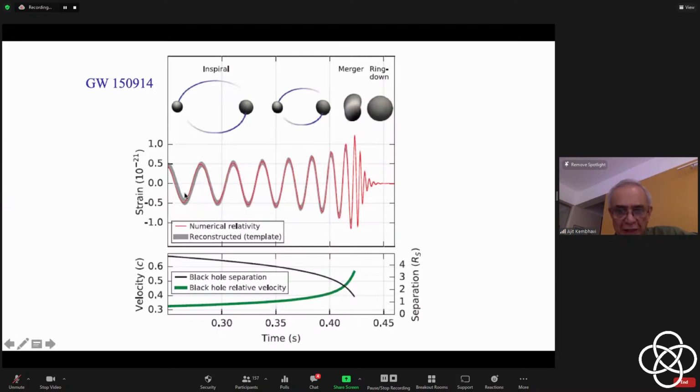This is the frequency of the orbital motion, which is also the frequency of the gravitational wave. And then as they go around faster and faster, you see the frequency is increasing. And here they come to the highest frequency. The black holes have moved close to each other, and here they have merged, and then they have formed a single black hole. And what is this here?